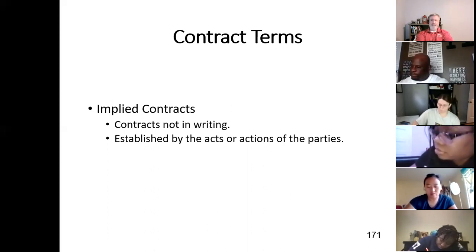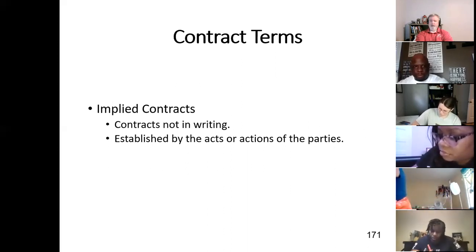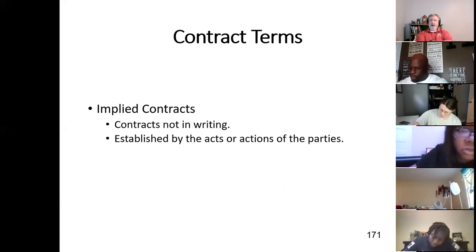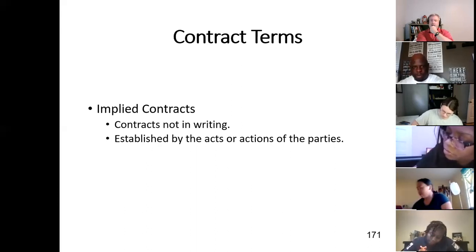Implied contracts, which means they're oral or verbally agreed upon, or sometimes they're just established merely by the acts of the parties. In fact, let me give you this example. What we're talking about, just to make sure we're clear here. Let's say this actually happened.